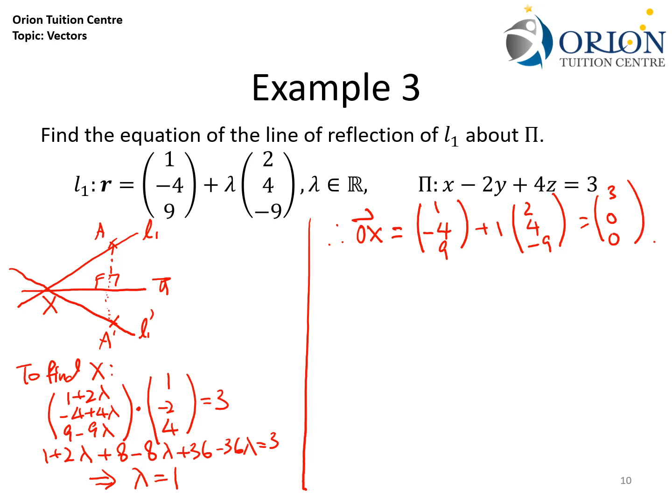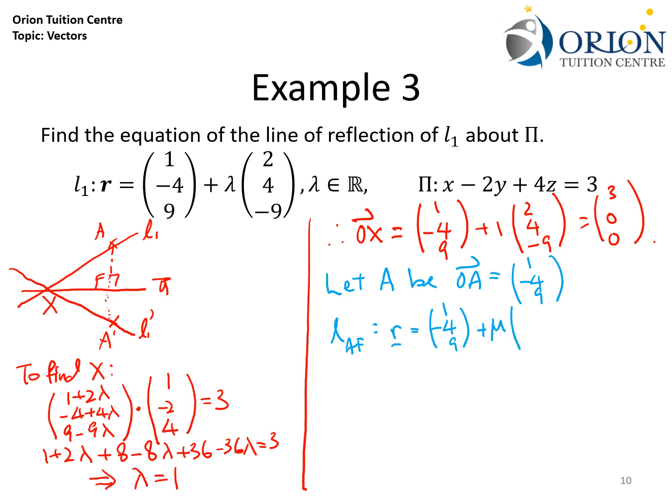Next, we want to find out a point A. We can say that let point A be OA equals (1, -4, 9). And the foot of perpendicular is F as we have defined in the diagram. So we can say that the equation of line AF is r equals (1, -4, 9) plus mu (1, -2, 4), where mu is a real number. Now this line is going to intersect the plane at the foot of perpendicular.